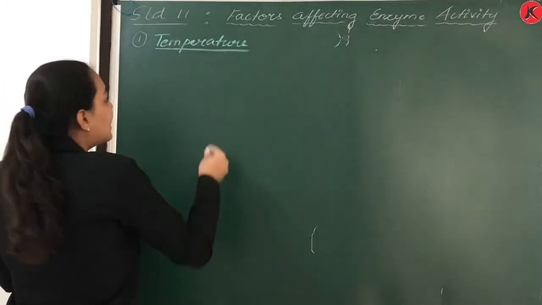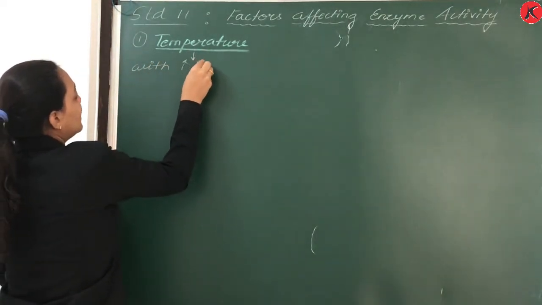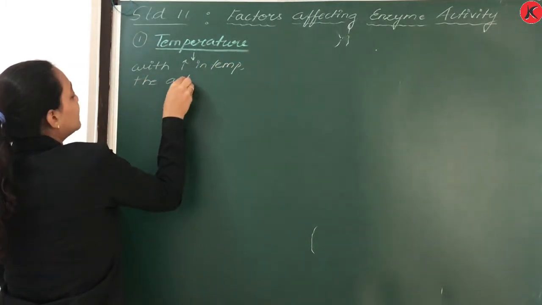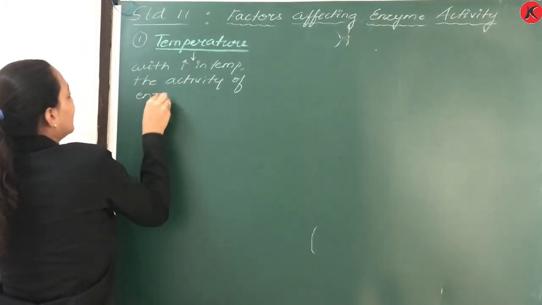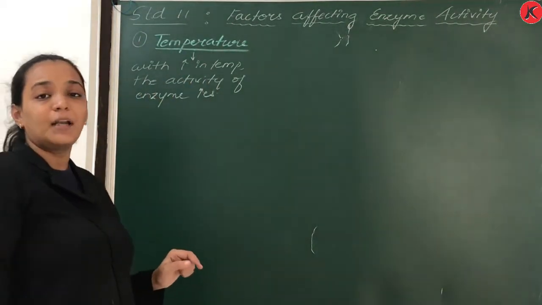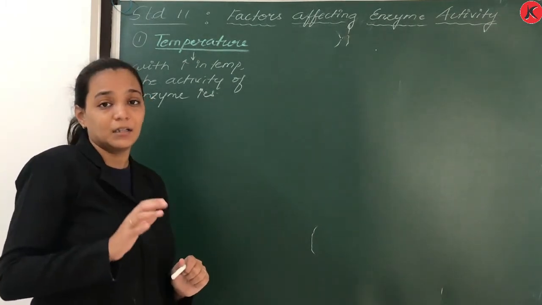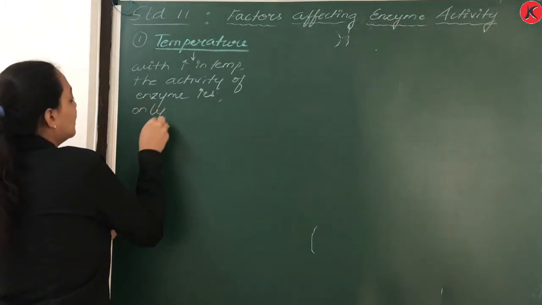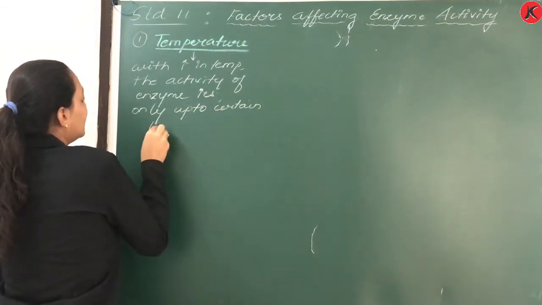So temperature, with the increase in temperature, the activity of enzyme is going to increase. मतलब टेम्परेचर बढ़ने पर एंजाइम की एक्टिविटी भी जो है वो इंक्रीज हो जाती है पर ओनली अप टू सर्टेन एक्सटेंट. ओके, ओनली अप टू सर्टेन लिमिट. ये लिमिट क्या होगी?